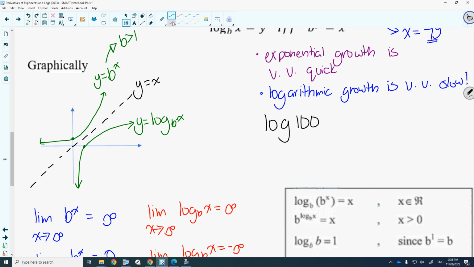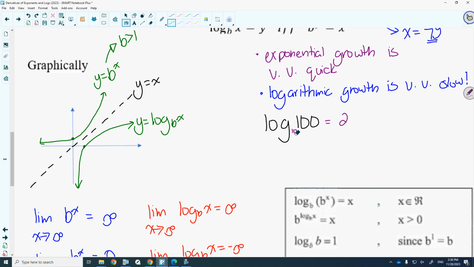Okay, so it's a common log if the base isn't there. You could write it in if you need to. It's a base of 10. If I ask you to evaluate the log of 100, what you are asking yourself is, 10 to what power would give you 100? 2.